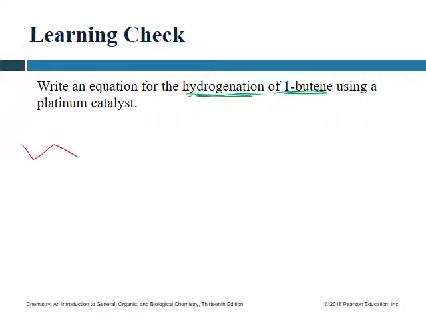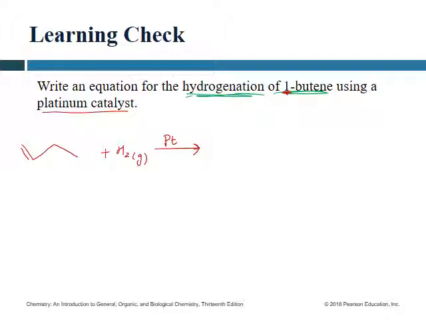Where is the double bond located? It's on carbon 1, between 1 and 2. If it was not given, I would simply draw it between 1 and 2 as well. This is 1-butene. We are adding hydrogen gas in presence of a catalyst, which is platinum. So this is how your reactants and your catalyst would look.